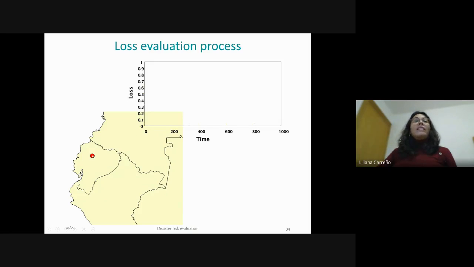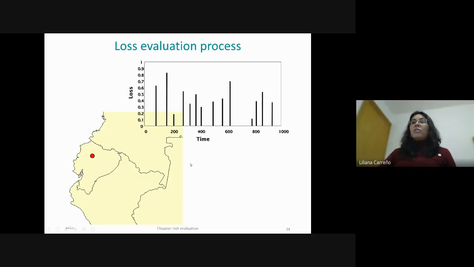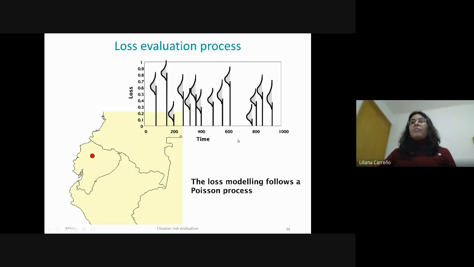So I need to evaluate the losses for a city, for example, due to different scenarios, different hazard scenarios, hazard events. So I can do the evaluation of the potential losses, all the possible losses, and all of these losses will have associated a probability density function.